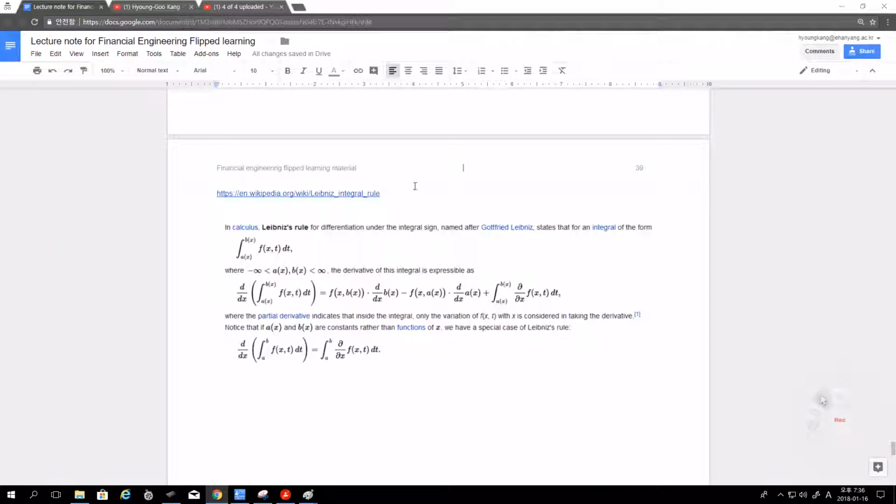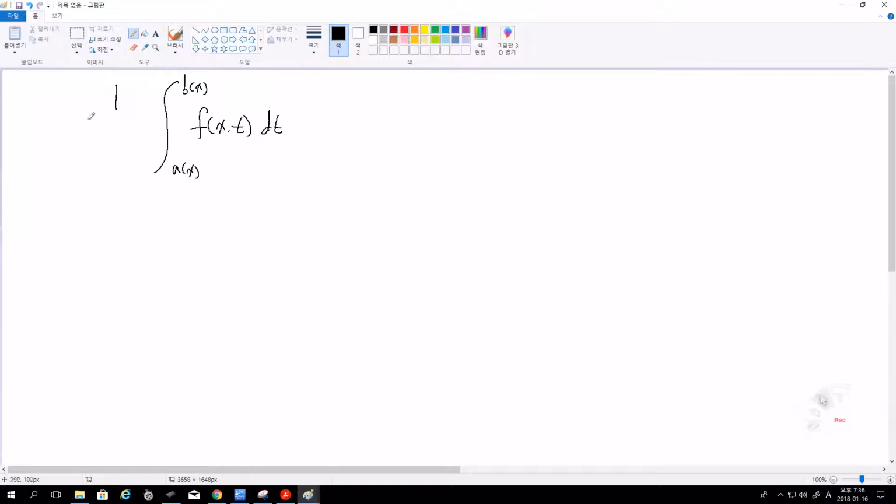Something like this. And then the question is, we want to take the differentiation of this with respect to x. How to do that?